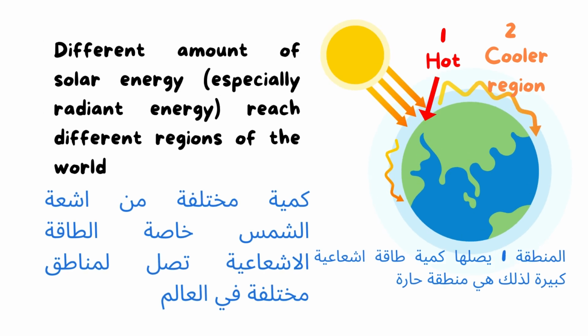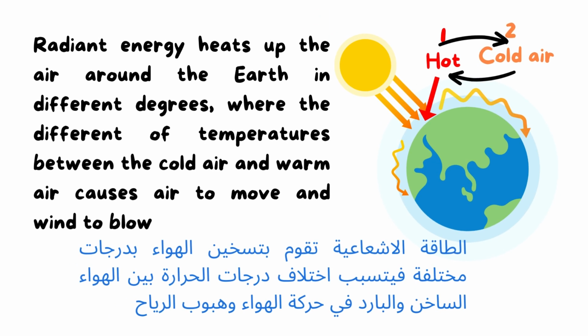So this radiant energy heats up the air around the earth in different degrees because there are different amounts of solar energy or radiant energy reaching different regions of the world or earth, yes? So this causes what?